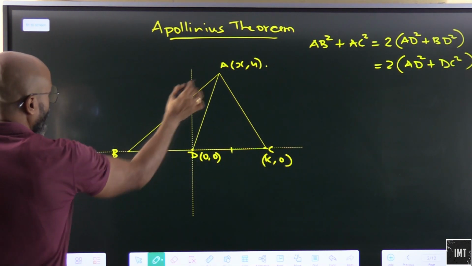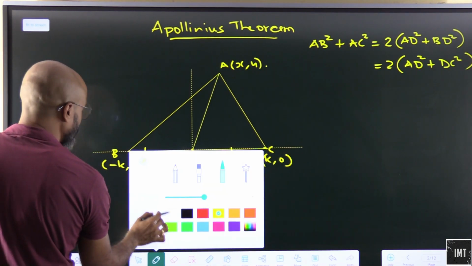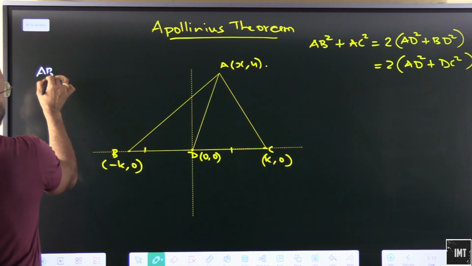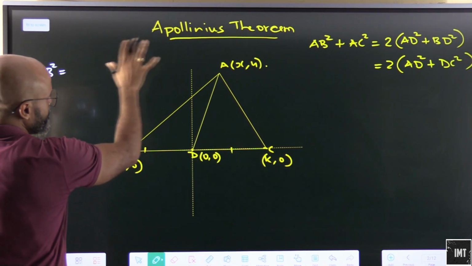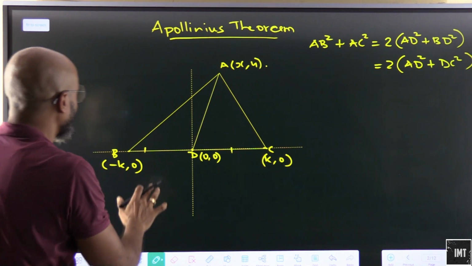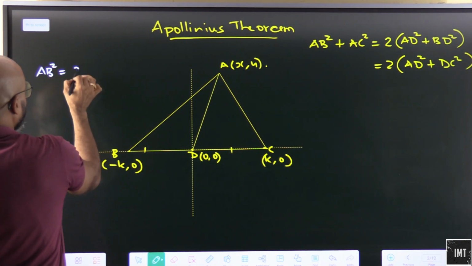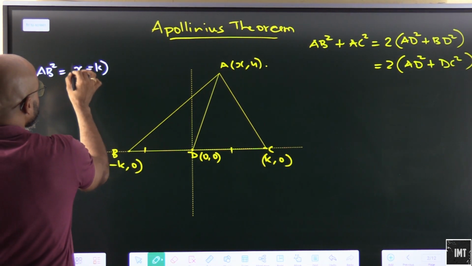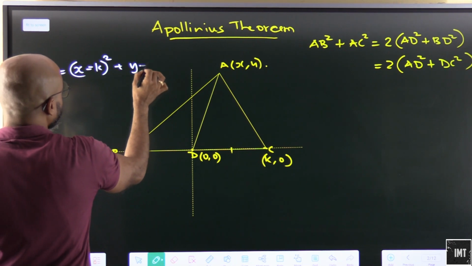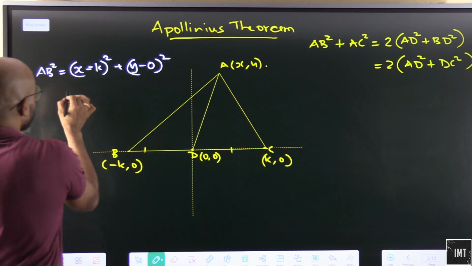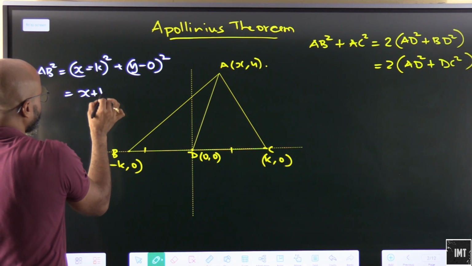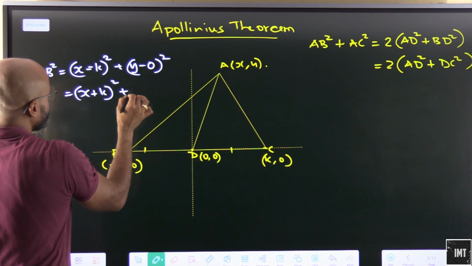Obviously, what will be the value of AB square? If we apply the distance formula, the square root portion will go off. We have (x minus (-k)) square plus (y minus 0) square, so that's going to give us (x plus k) square plus y square.